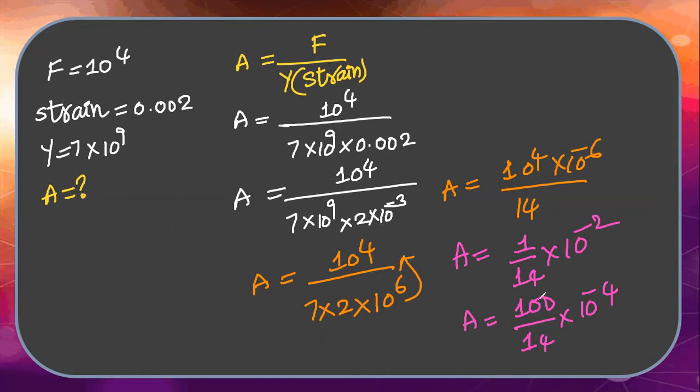So this will be nearly 7.1 into 10 power minus 4 meter square. Area A is equal to 7.1 into 10 power minus 4 meter square. This is the answer for that problem.